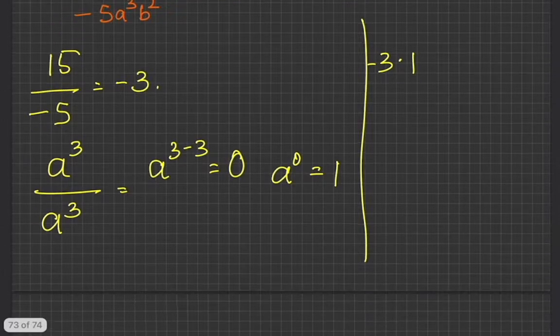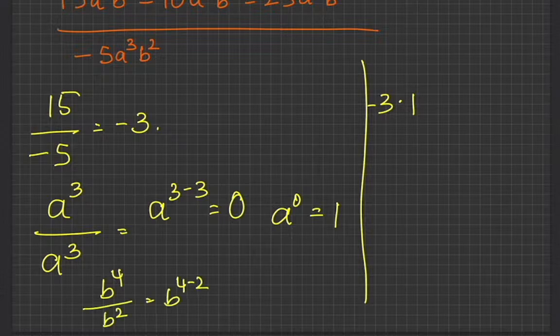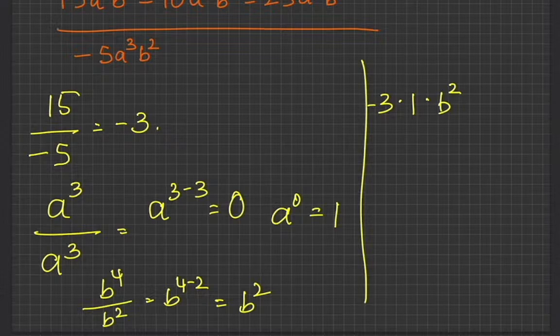And then I have b to the power 4 divided by b to the power 2, which is equal to b to the power 4 minus 2, which is b to the power 2. So I have got negative 3 times 1 is negative 3 times b squared is negative 3b squared.